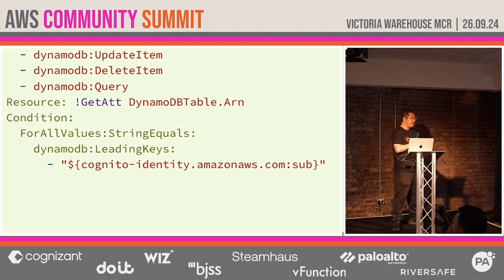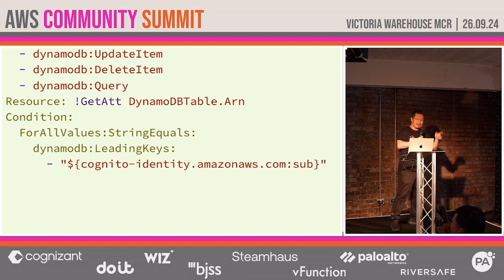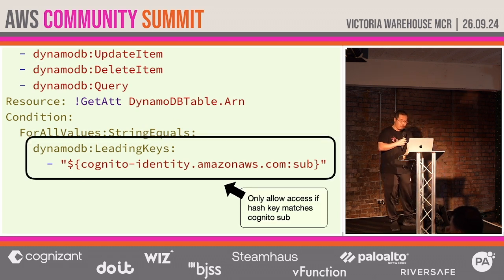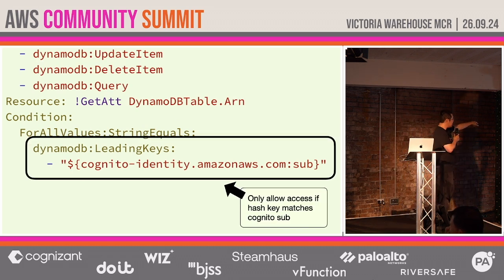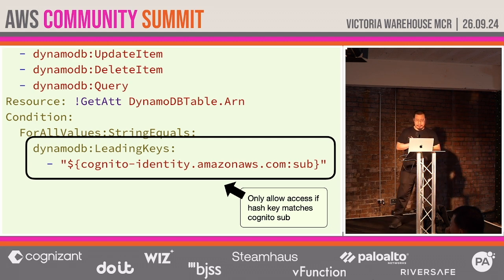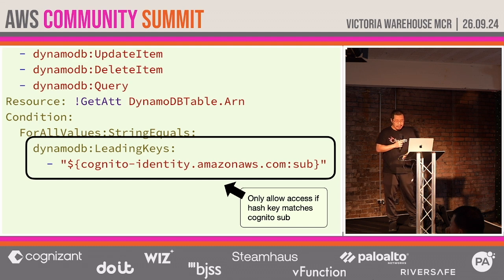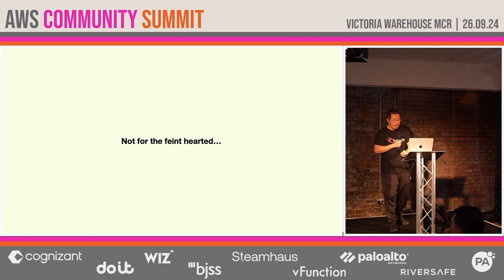And you can do this safely by making sure that the Cognito identity pool's authenticated role has a condition that says only allow this IAM role to access items in DynamoDB whose partition key matches the subject of the Cognito identity token. You can do the same thing with S3 as well, and this is how you can have the front end safely access data in the backend without breaking the tenancy boundary.